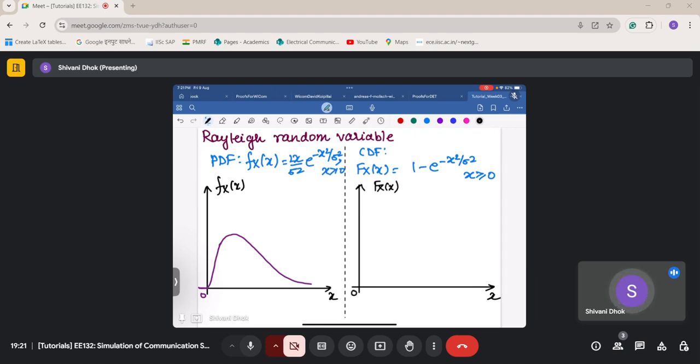It is 0 for x less than 0, at x equal to 0 also it is 0, and then it slowly starts increasing and again saturates. So this is 1, it can't go beyond 1. So this is the Rayleigh distribution. Any questions here?